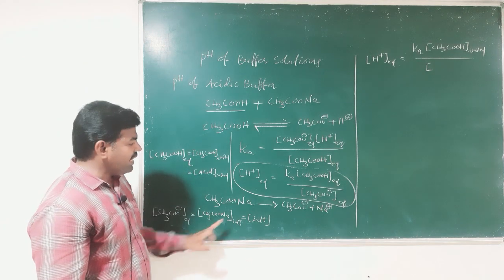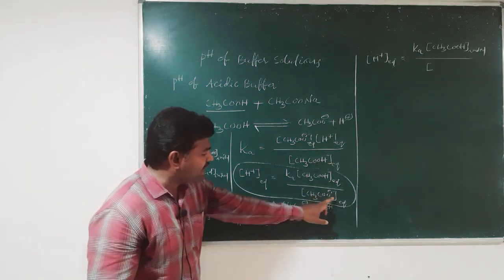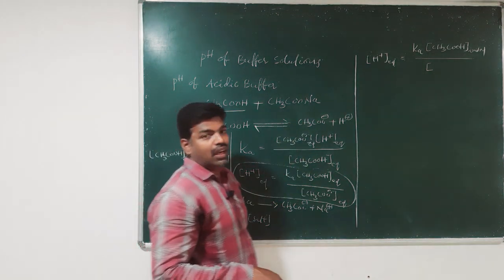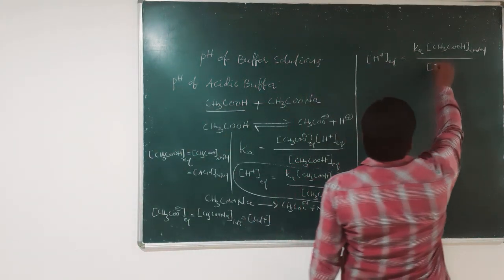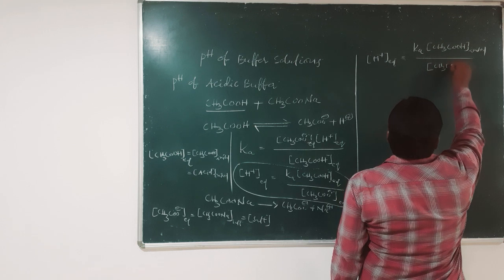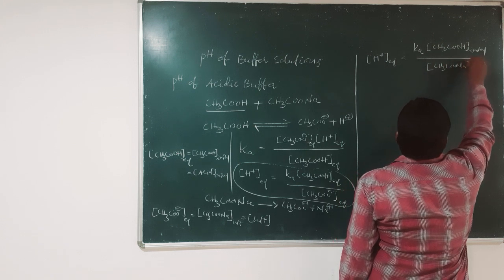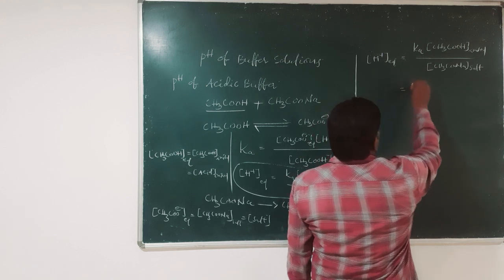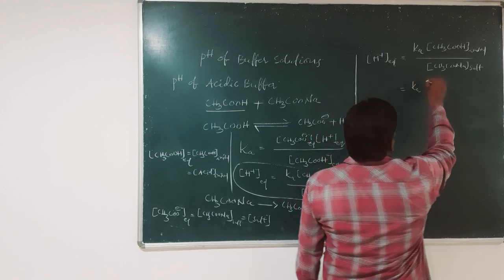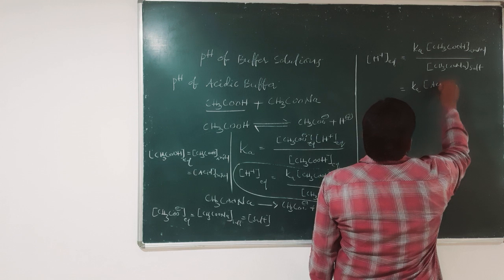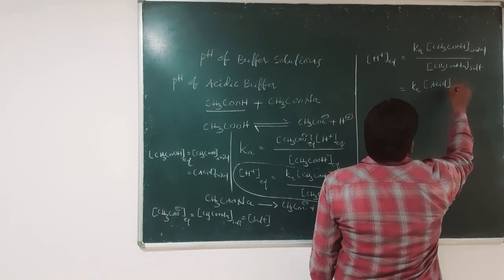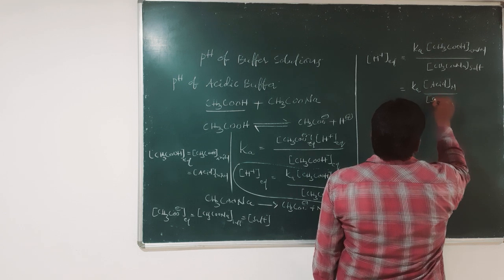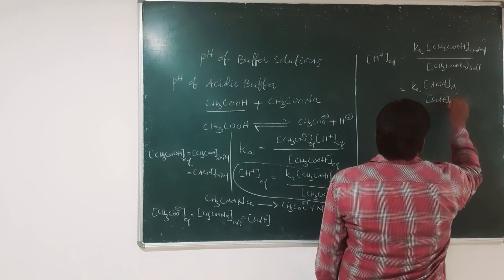So we can write that the concentration of acetate ions at equilibrium is equal to the initial concentration of salt. From this we can write Ka is equal to the concentration of acid, expressed in normality, and this is the concentration of salt expressed in normality.